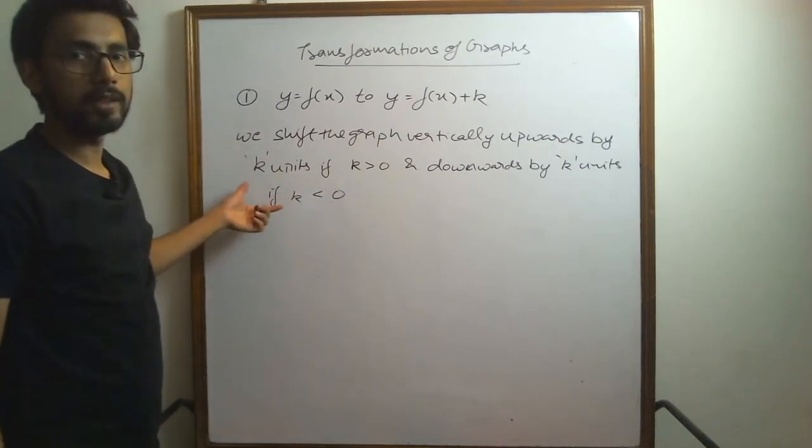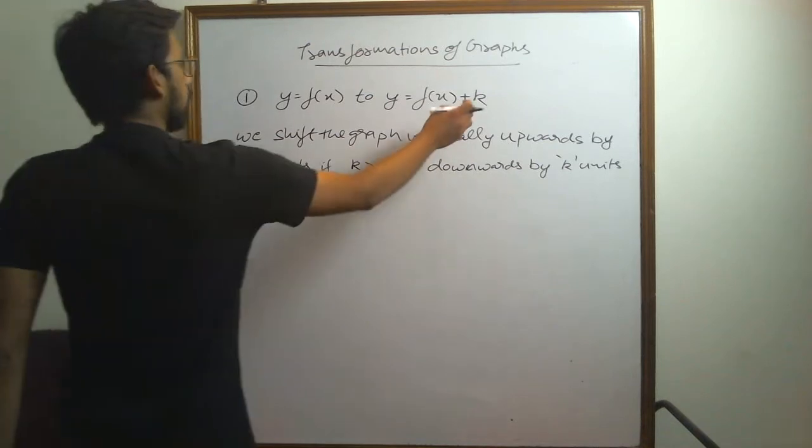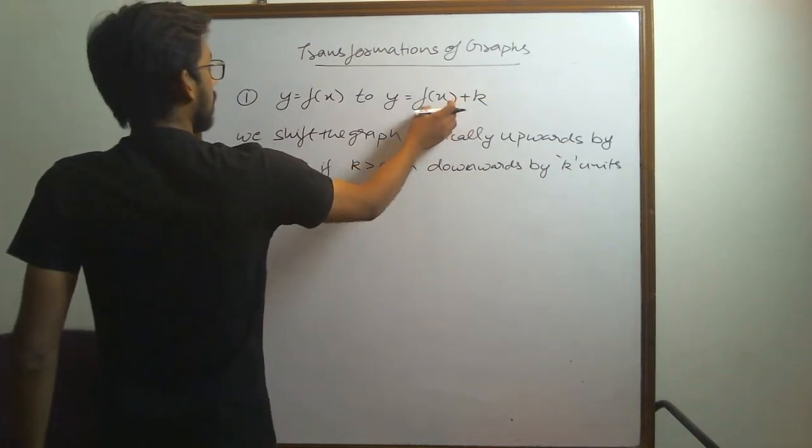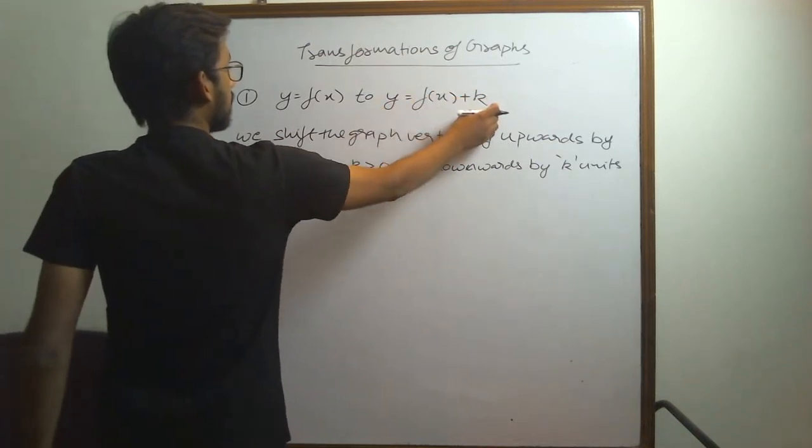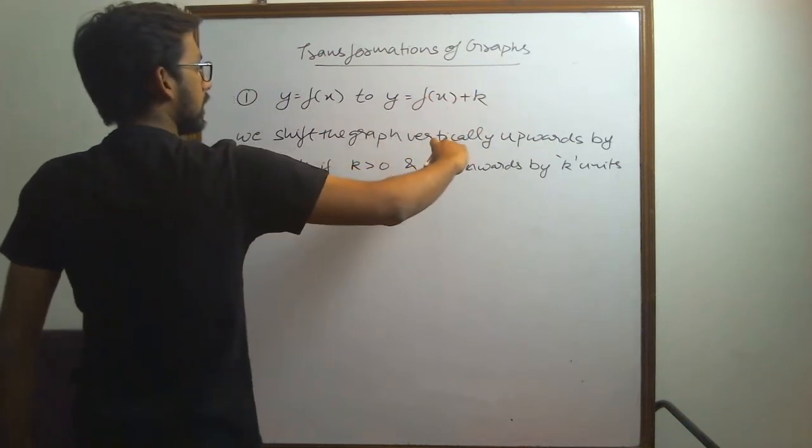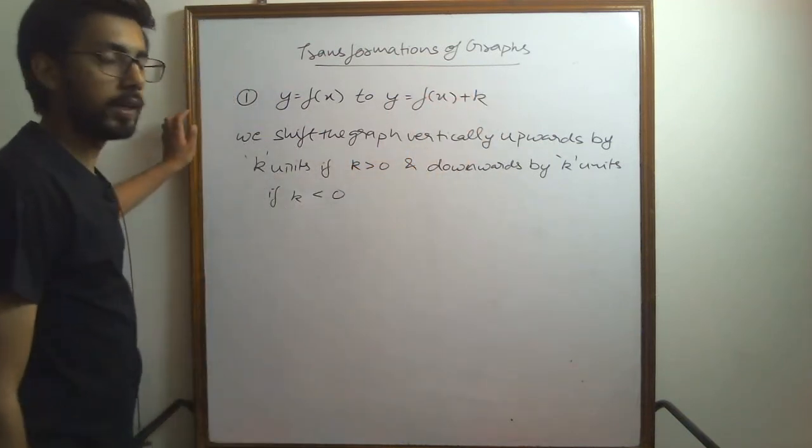Why is that? It is because if I add a constant value to the whole function, the value of y is increased by k units or decreased by k units depending upon the sign of k.